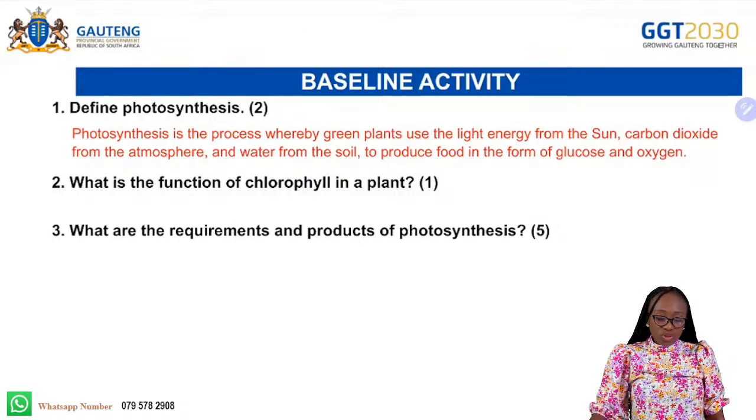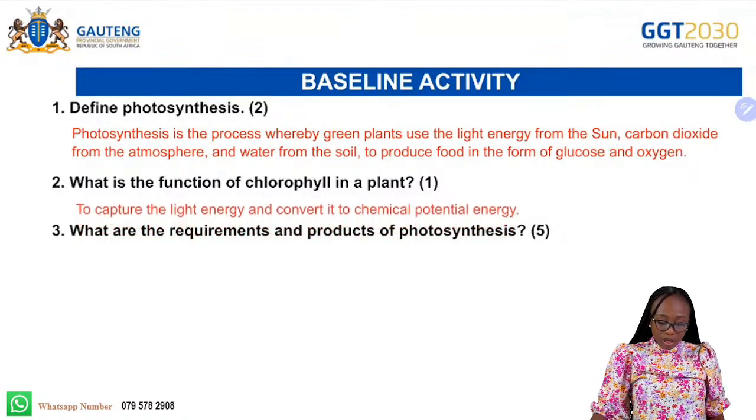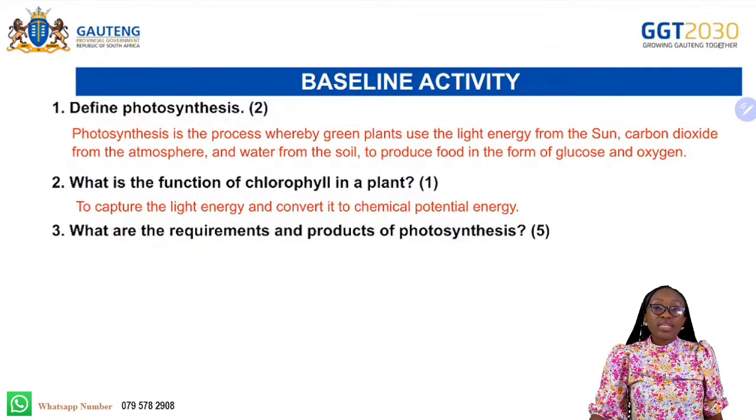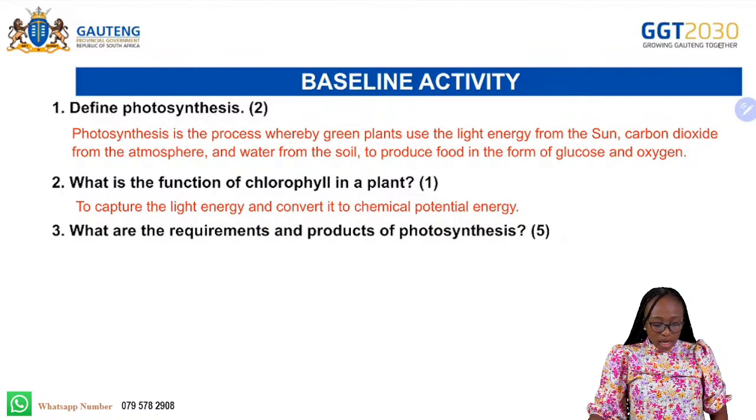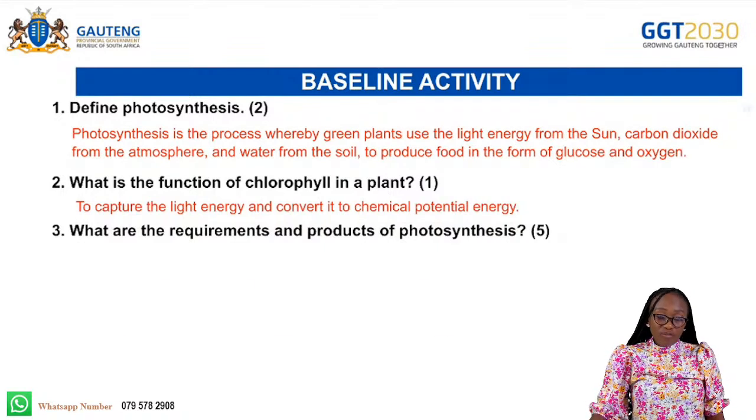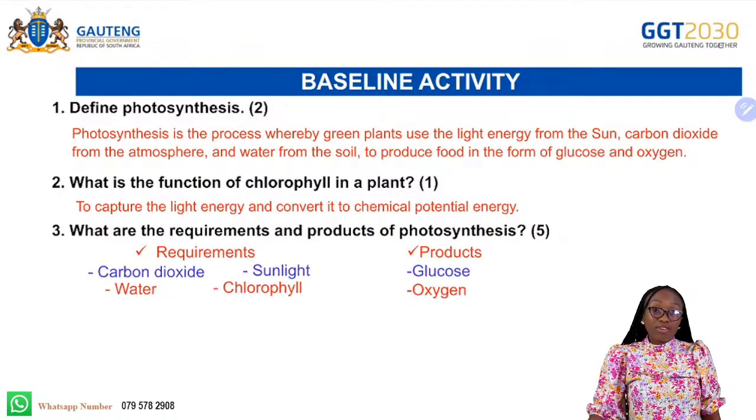The second question reads, what is the function of chlorophyll in a plant? For 1 mark, its function is to capture light energy and convert it to chemical potential energy. And then the third question read, what are the requirements and products of photosynthesis? For 5 marks. Okay, so here are the requirements.